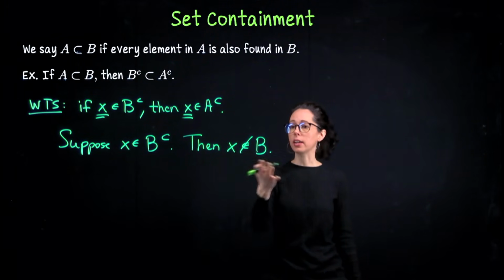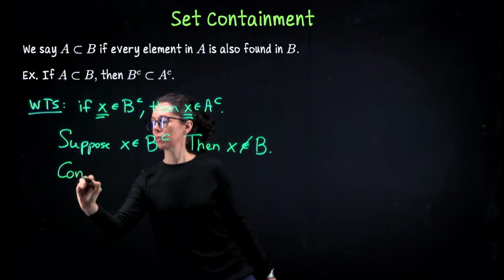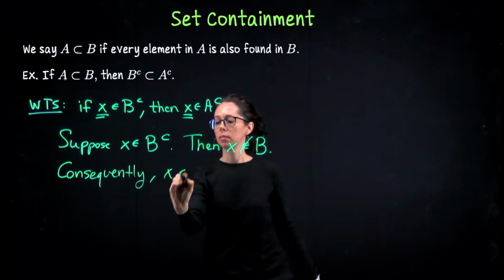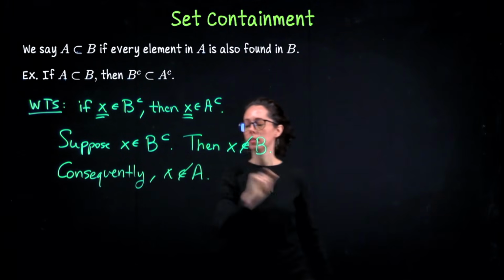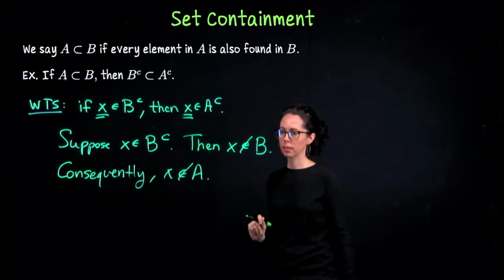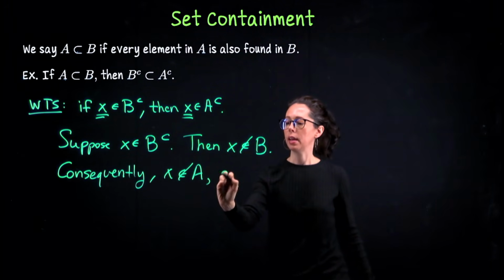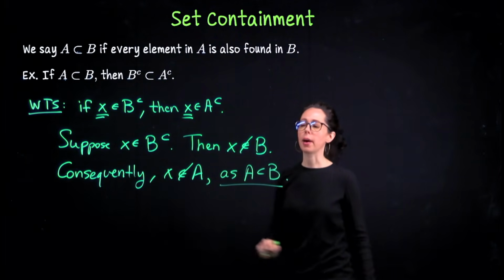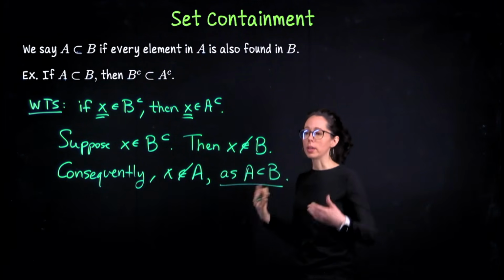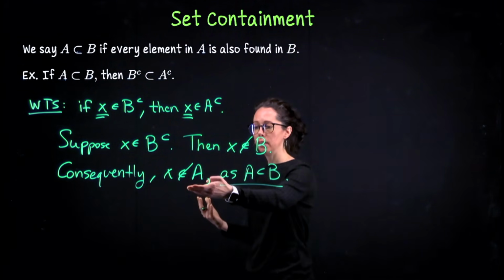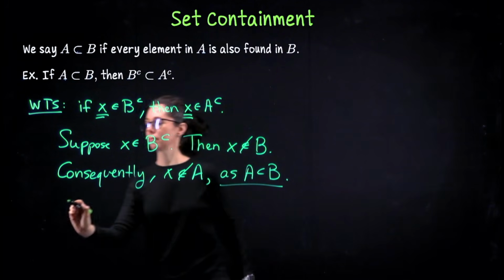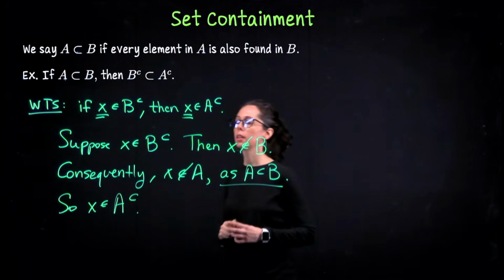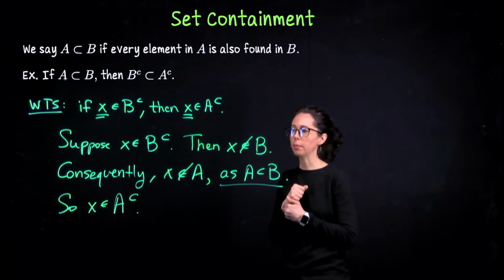Consequently, X is not in A. Maybe I'll write here, A is a subset of B. So here's my application of the hypothesis. What does it mean to not be in A? It means that you're in A complement.